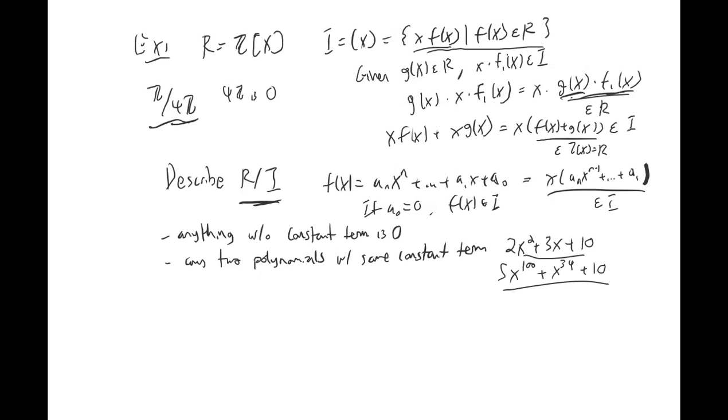I'll give you a hint. If this is f and this is g, f minus g is 5x to the 100 plus x to the 34 plus 2x squared plus 3x. Is this element in I?